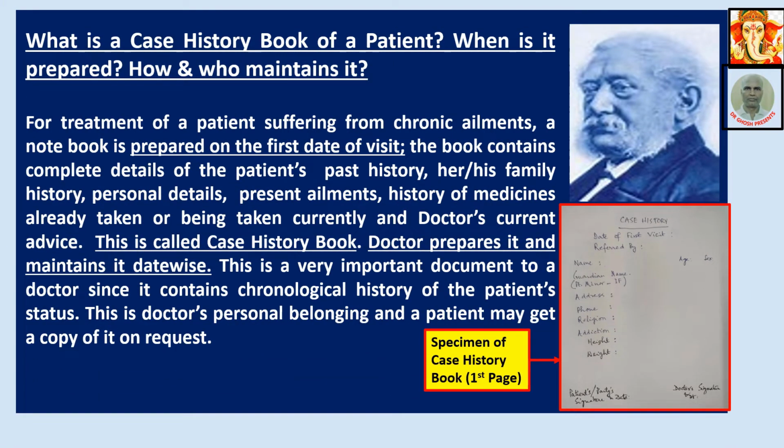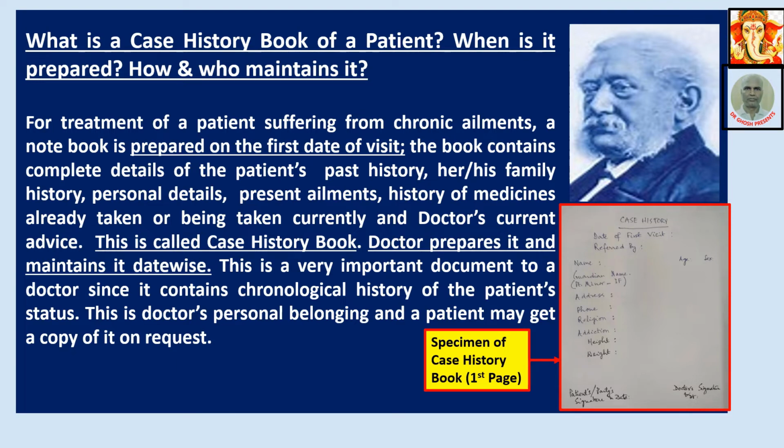What is a case history book of a patient? When is it prepared? How and who maintains it? For treatment of a patient suffering from chronic ailments, a notebook is prepared on the first date of visit. The book contains complete details of the patient's past history, her family history, personal details, present ailments, history of medicine already taken or being taken currently, and doctor's current advice.